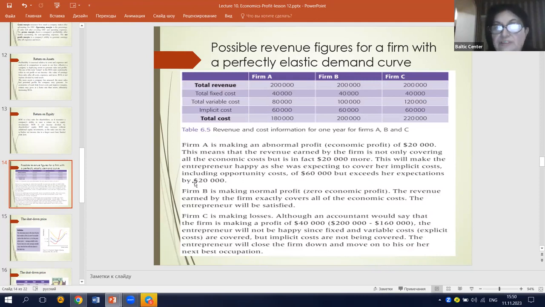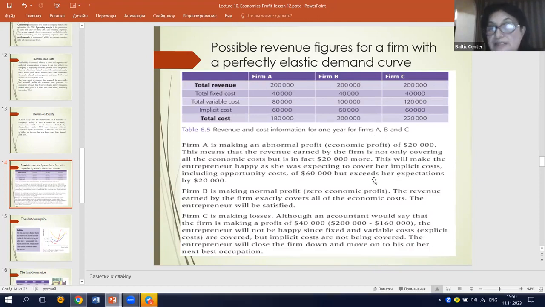То есть здесь, скажем, значит, ту прибыль, которая она, economic profit, она выполнила, прибыль получила, то есть либо завышенную, либо заниженную, да, прибыль получила. Economic profit, we say, of 20,000.